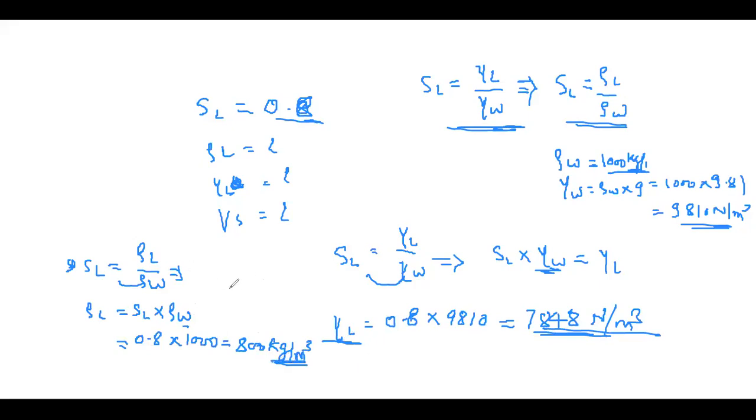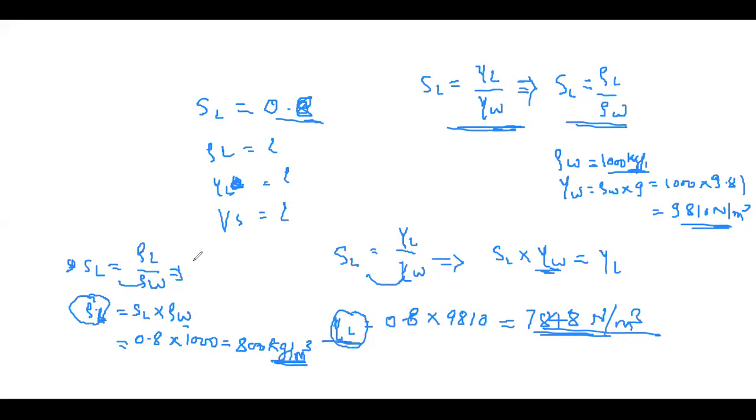Now here, out of these two values, rho W and gamma, rho L and gamma L, you can find out any value first. You can find this first, and from either value you can find out the other value also.